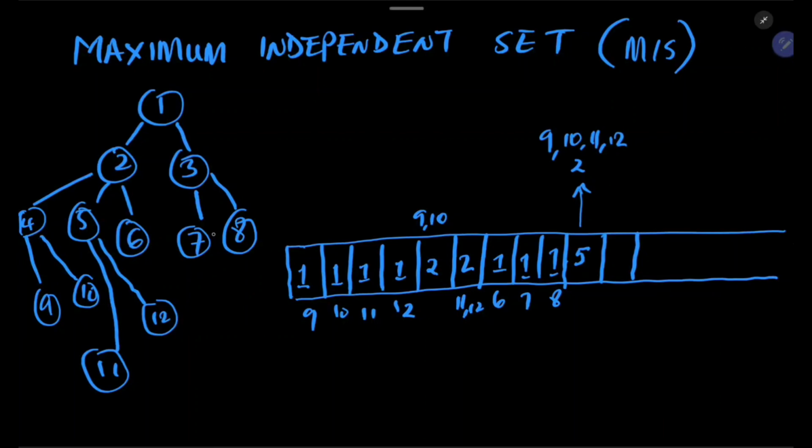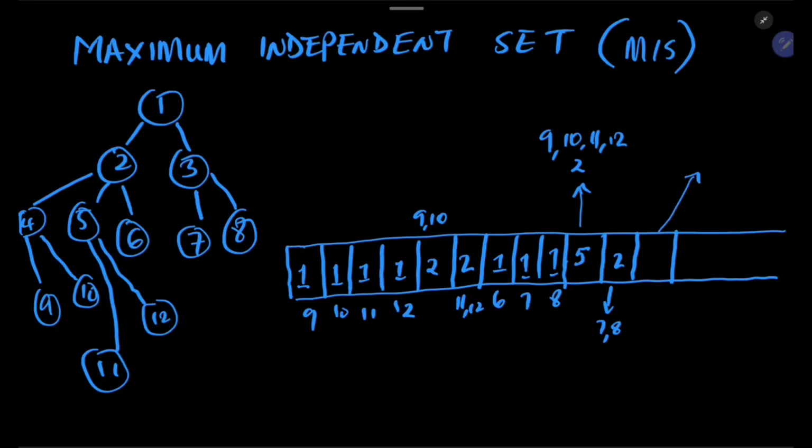So let's go to 7 and 8. Let's say we grab both 7 and 8. We have 2 vertices, right? And if we started from the leaves now, let's quickly write that down.